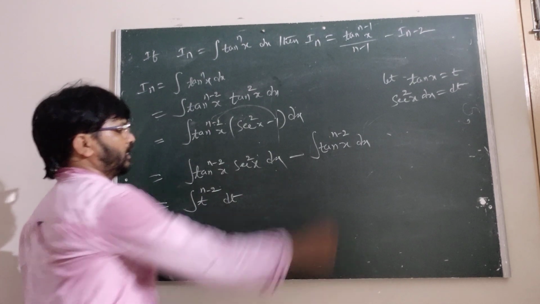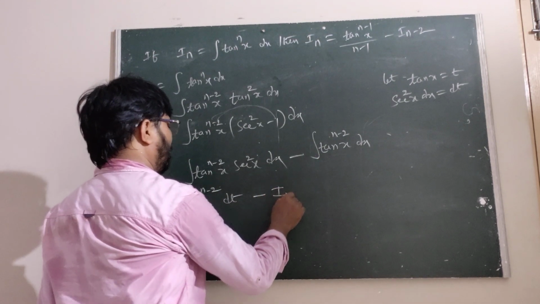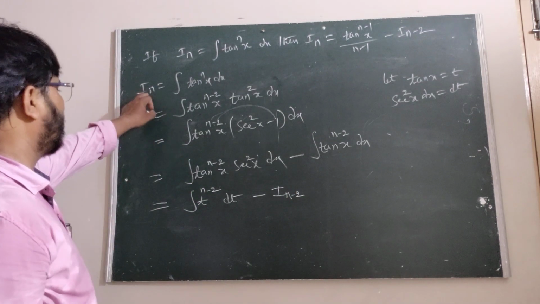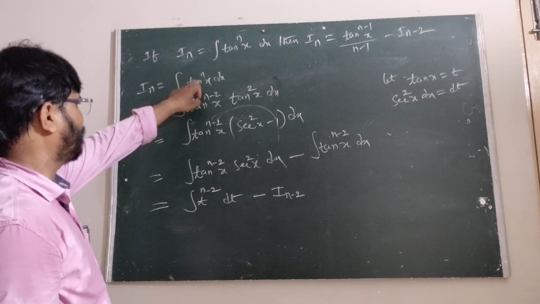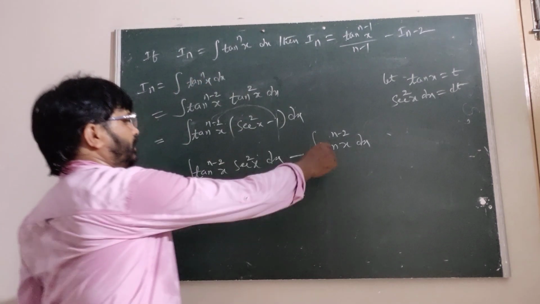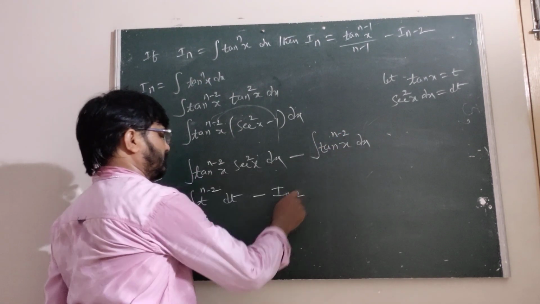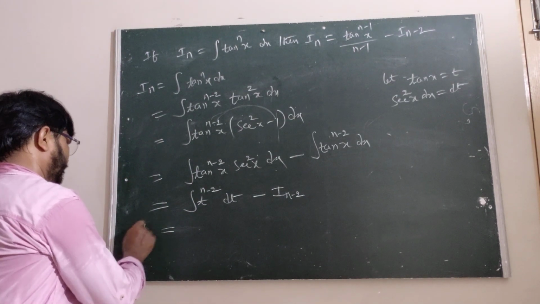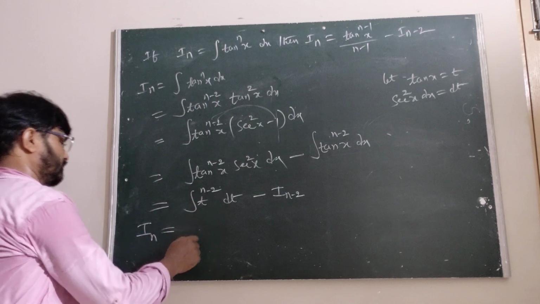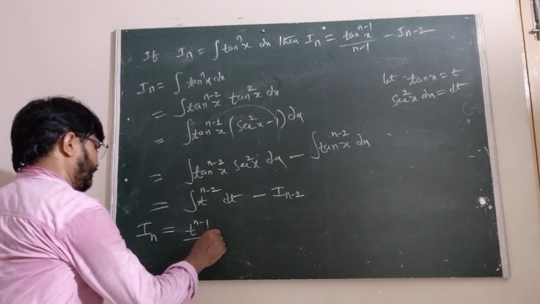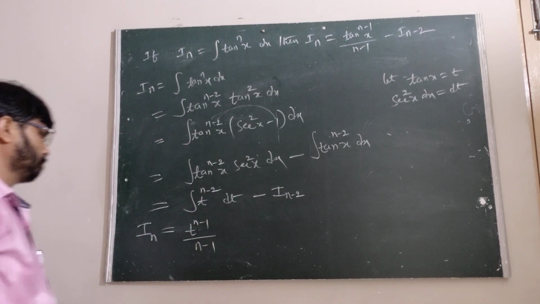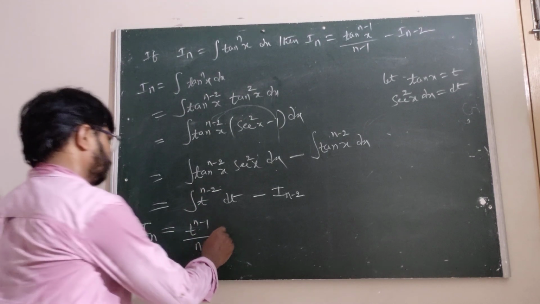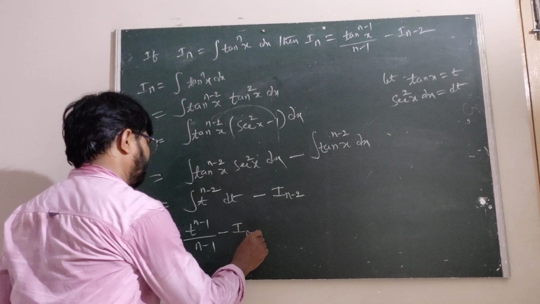Therefore, here this is the formula of I n minus 2. We can write suffix n minus 2. Since In is the integral tan power nx dx, therefore tan power n minus 2 x dx is I n minus 2. Now In equal to t power n minus 1 upon n minus 1 minus I n minus 2.